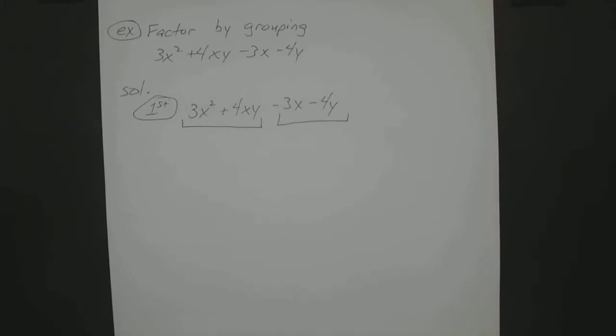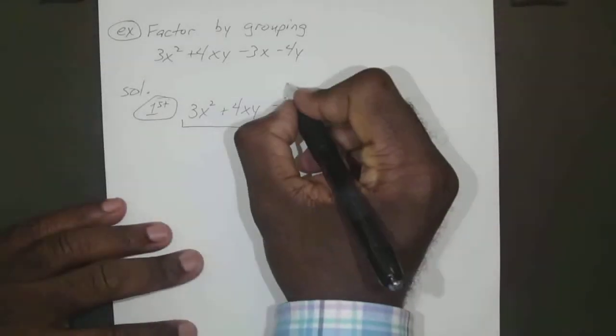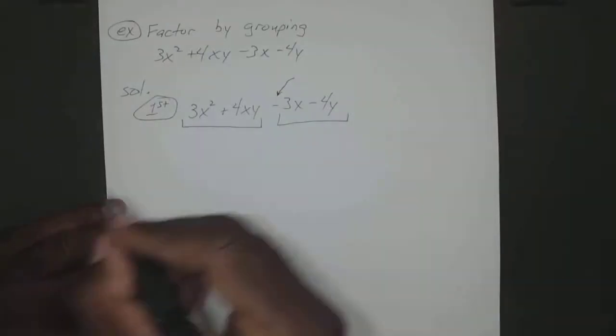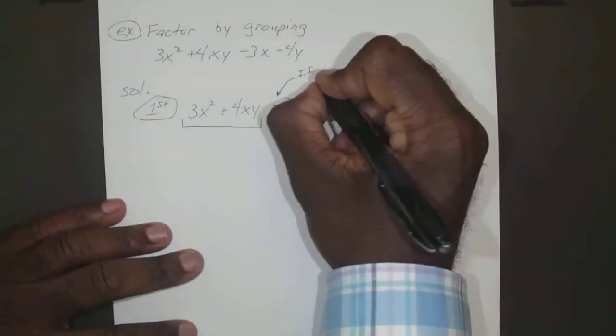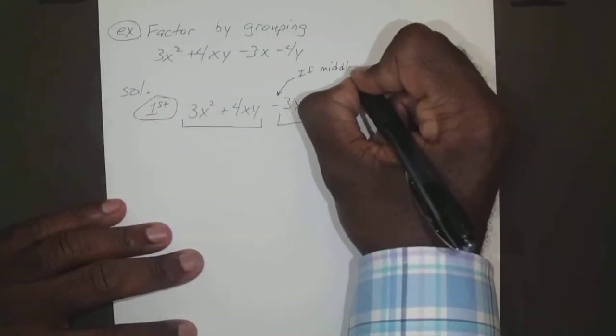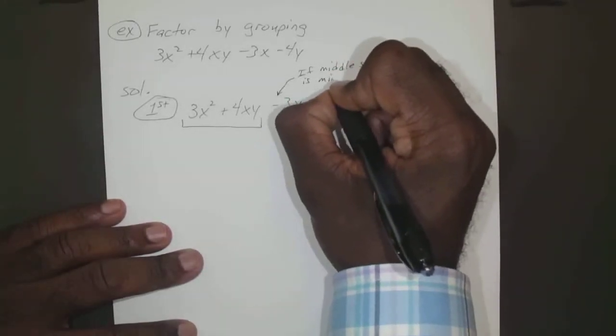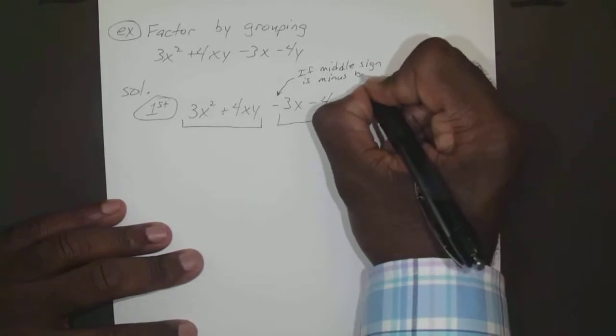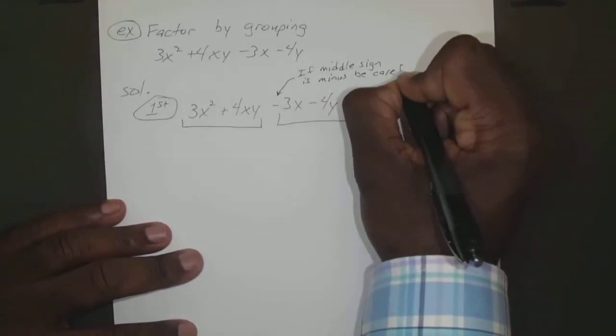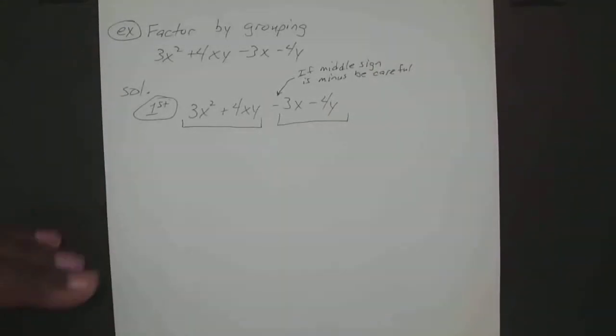And you want to be really careful when that middle sign is a minus. So if the middle sign is minus, be careful. Only because once you factor out a negative, it's really easy to forget that one. But you can always double check it by distributing. But I'll show you what I mean by that.